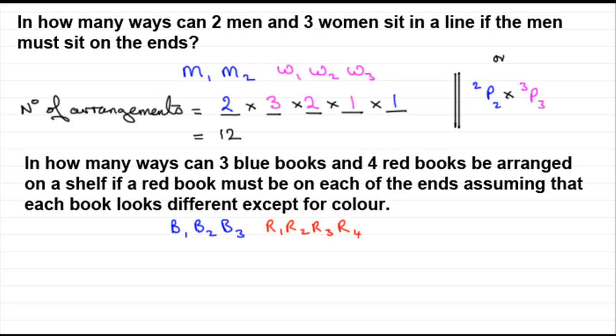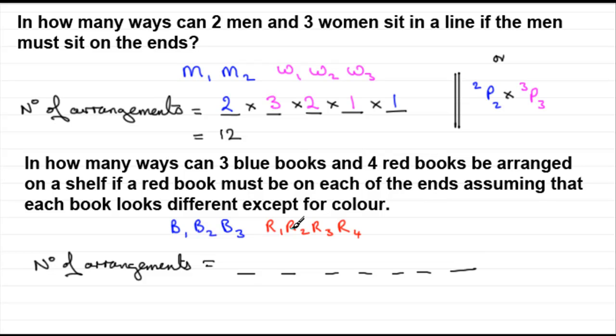So when it comes to looking at the number of arrangements, I'm thinking of filling 7 spaces. 1, 2, 3, 4, 5, 6, 7. 7 spaces with books. So how can I fill the end spaces? They've got to have red books in them.